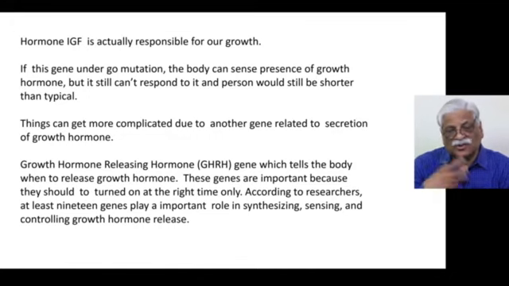And this hormone is also under control of a particular gene. So if there is a mutation, in that case the body, when it needs to release the growth hormone, will not be able to sense it, or will not be able to release the growth hormone.